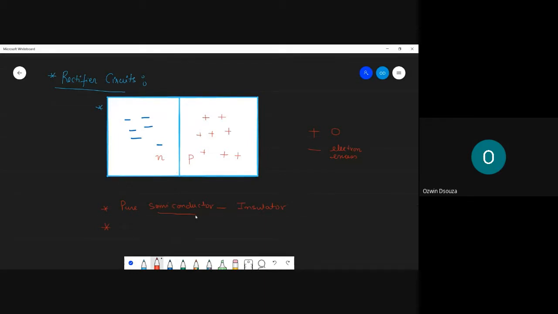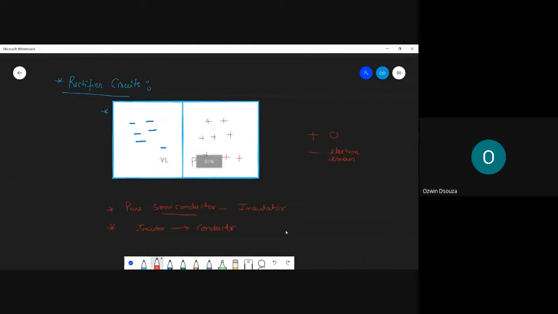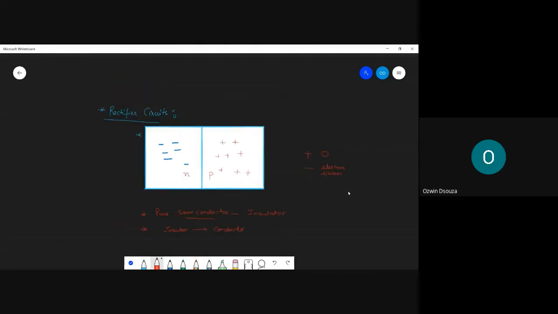The moment you start connecting an external voltage, the material property changes from insulator to conducting state. On that note, it is called a semiconductor device.